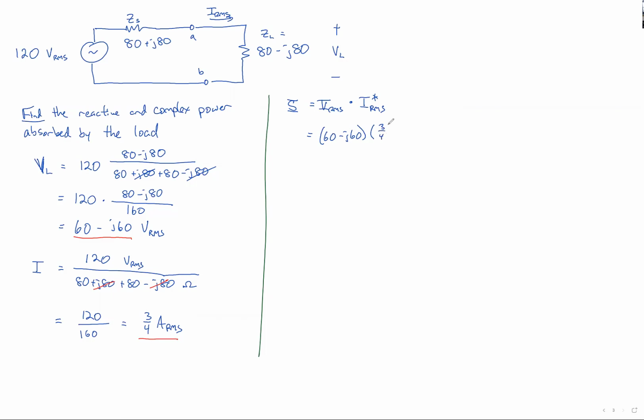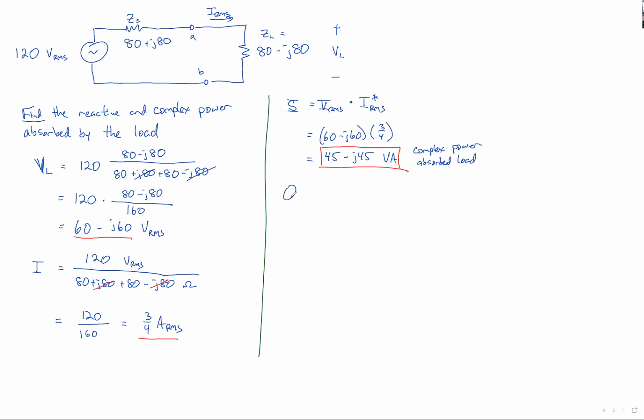So for a real number, the complex conjugate is just the same thing. There's no imaginary part to take the negative of. So that's going to be equal to 45 minus J45, and the units are volt amps for apparent power. And that's the answer to the first question. This is the complex power absorbed by the load.